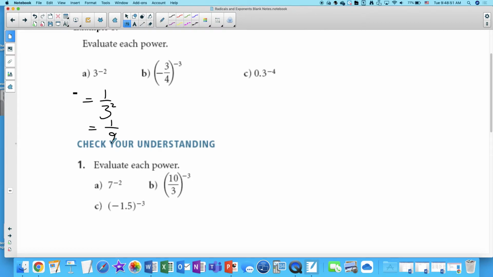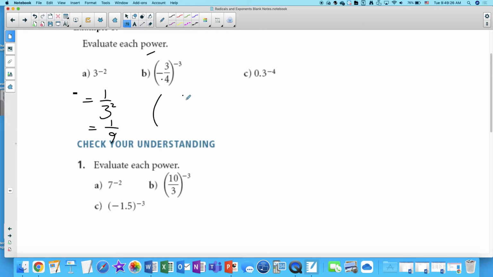Okay. What about this one? Negative 3/4 to the negative 3. Wouldn't the negative apply to both the numerator and the denominator? Do you switch the numerator and denominator? So when you have a base that's a fraction and the exponent's negative, you can make the exponent positive if you take the reciprocal of the base.